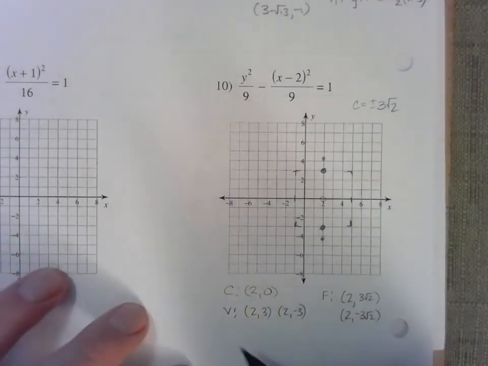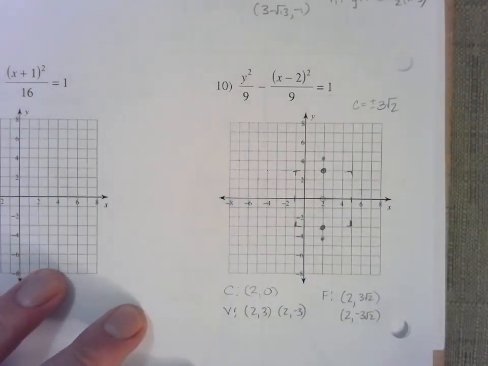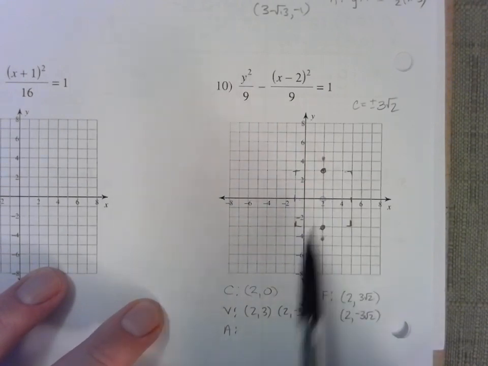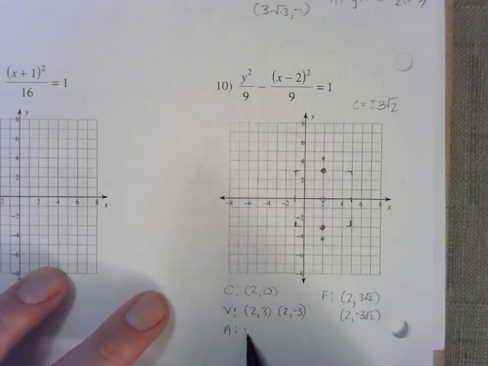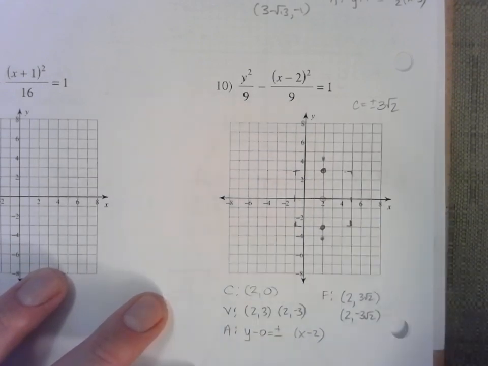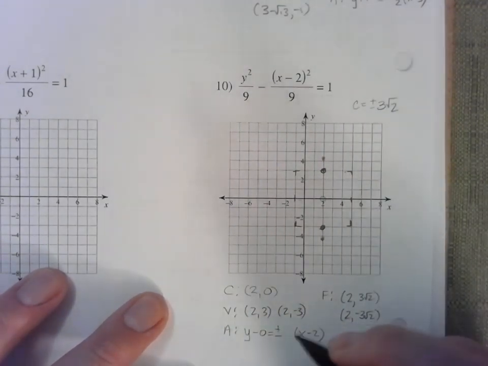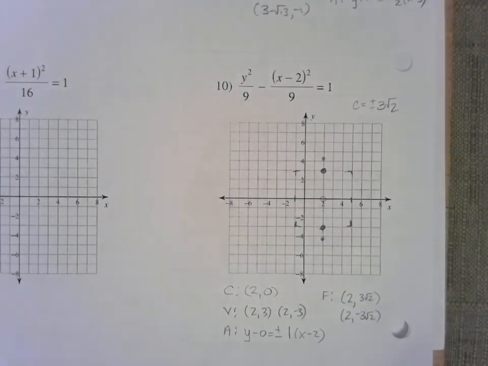Let's finish with the asymptotes, graphing them, and then finishing our sketch. Because I want to pass it through the center, I'm going to use point-slope form. Let's find the slopes of our two asymptotes. The change in y is 3. The change in x is 3. So the slopes are positive or negative 1.